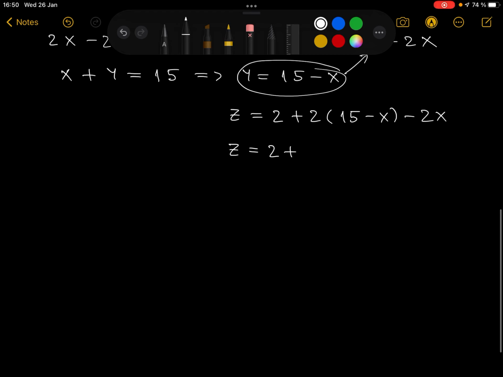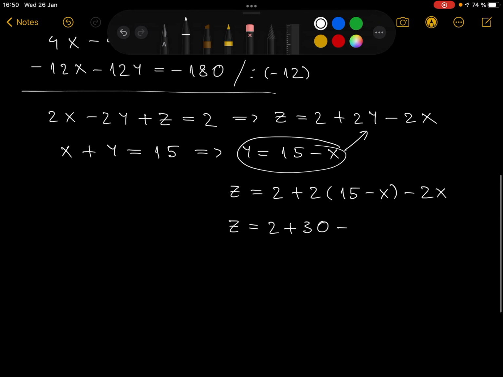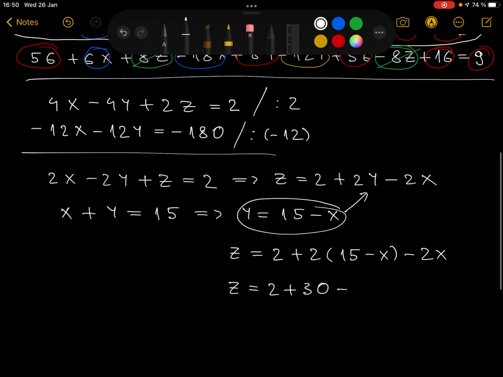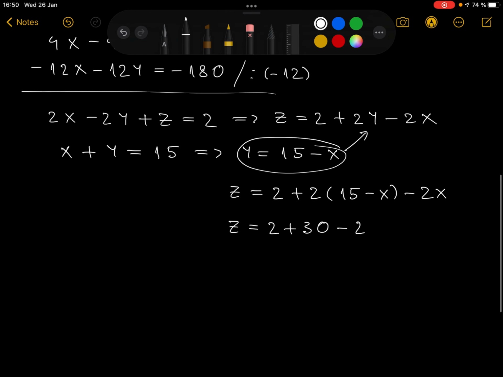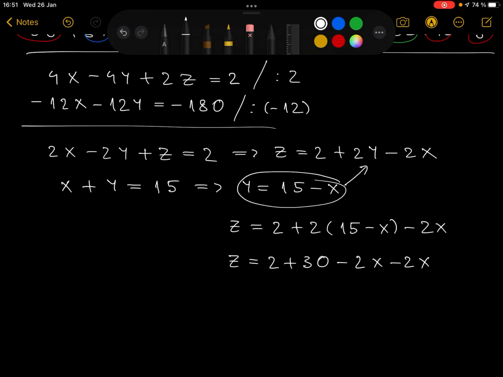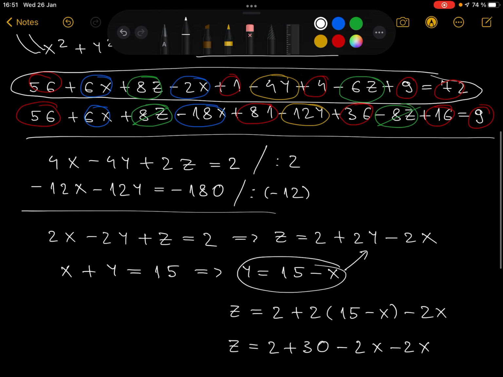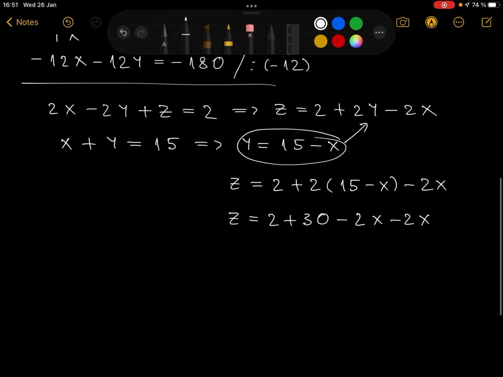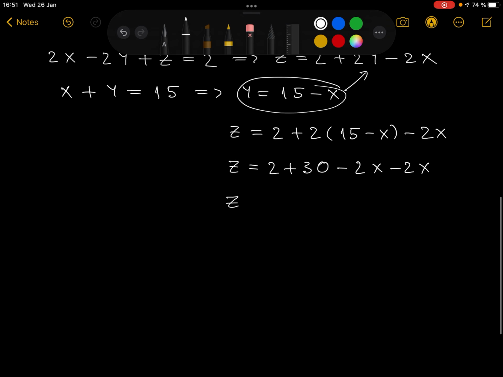So z is equal to 2 plus 30 minus 2x minus 2x. Or in other words, z is equal to 32 minus 4x.